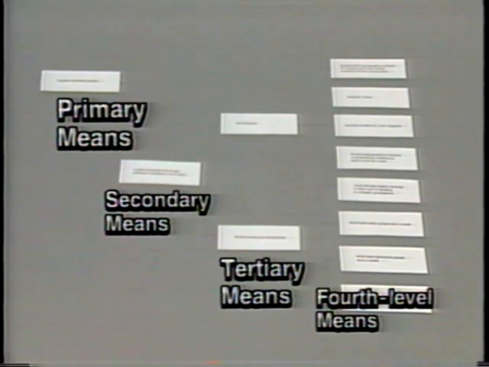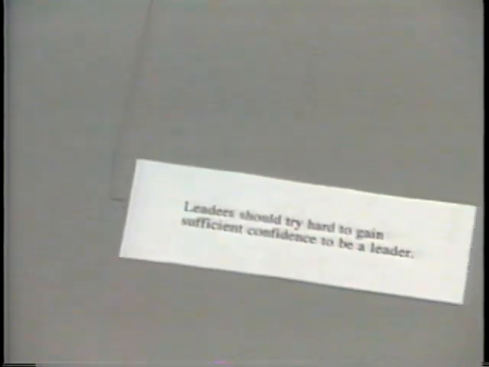Now is the time for careful checking. Run through the diagram from the primary means to the final level means, checking for waste or impossible items. The useful question to keep asking yourself while doing this is, is this means adequate to meet the objective?